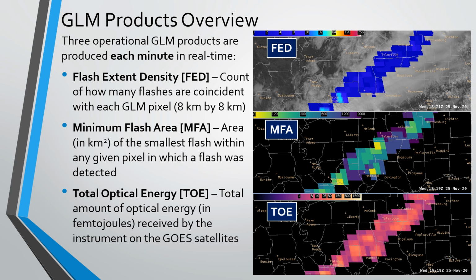So if there are multiple flashes covering the same pixel, it will find the area of the smallest flash that covered that pixel and display the area of that value in that grid cell. The smallest minimum flash area values will be 64 kilometers squared, which is 1 GLM pixel, 8 kilometers by 8 kilometers. Finally, there's total optical energy, or TOE, which shows the amount of optical energy in femtojoules, or joules times 10 to the minus 15, which is received by the GOES satellites.